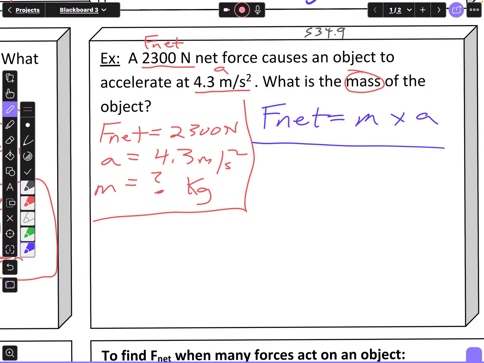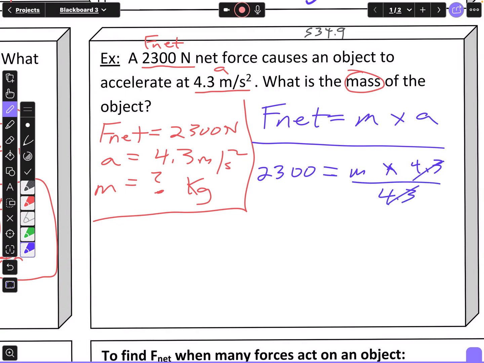Next, substitute and solve. F net was 2,300 equals my mass, leave that as m, times 4.3. If I'm going to solve for m, I need to get it by itself, so I need to divide both sides by 4.3.